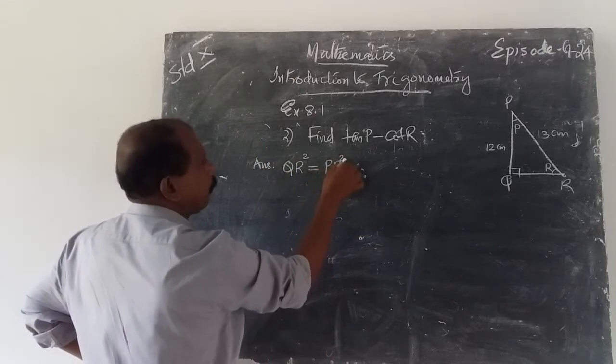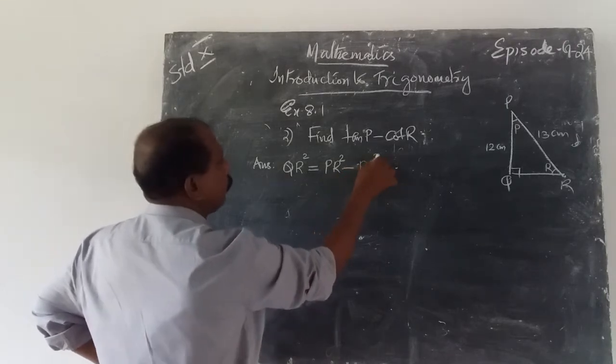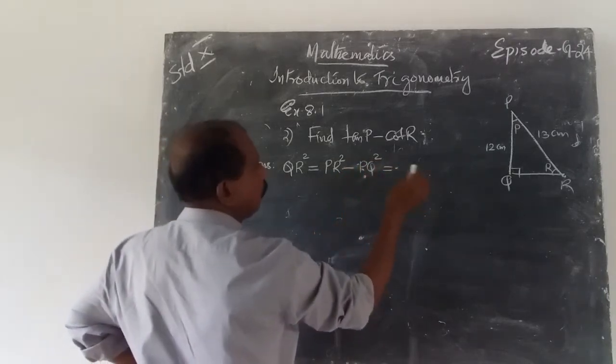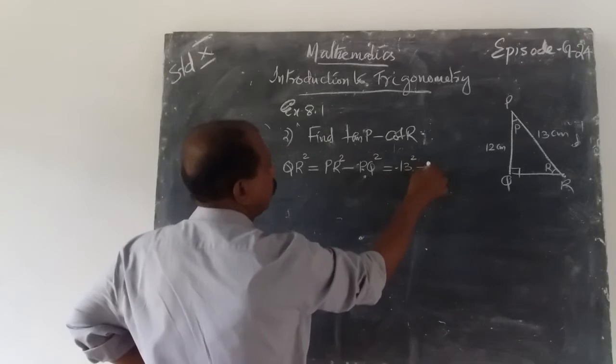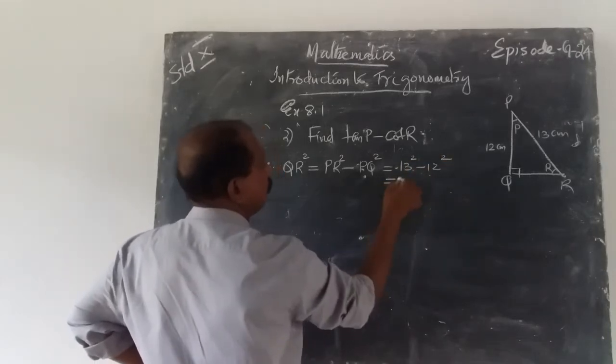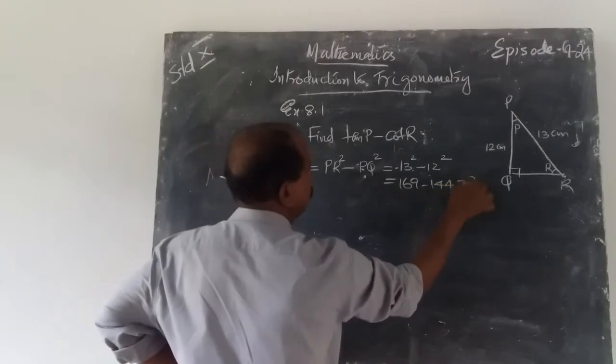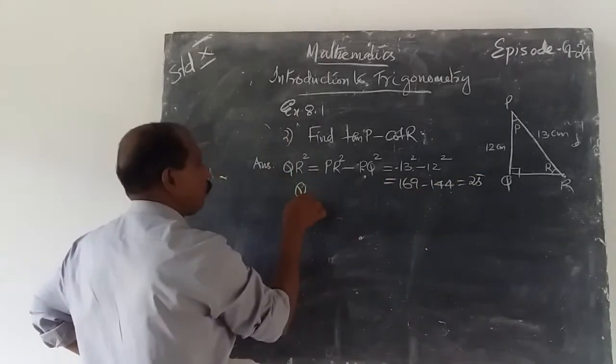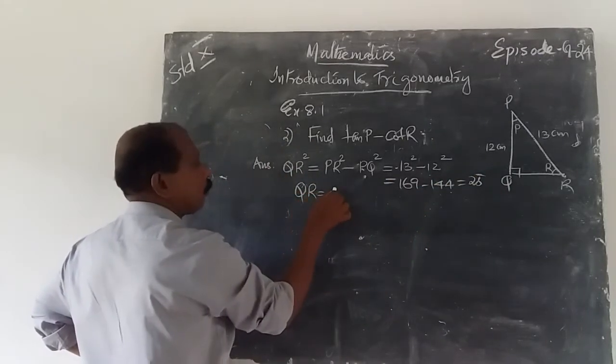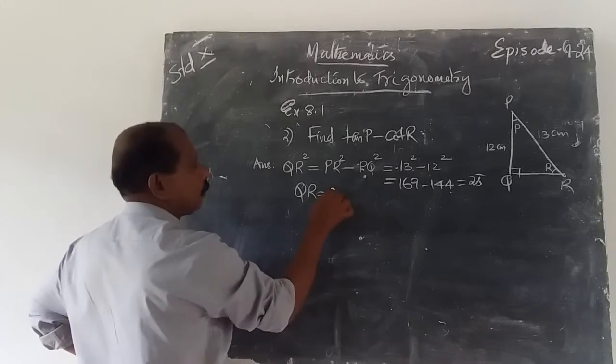PR square minus PQ square is equal to 13 square minus 12 square, which is 169 minus 144 is equal to 25. Therefore, QR is equal to root 25, that is 5.